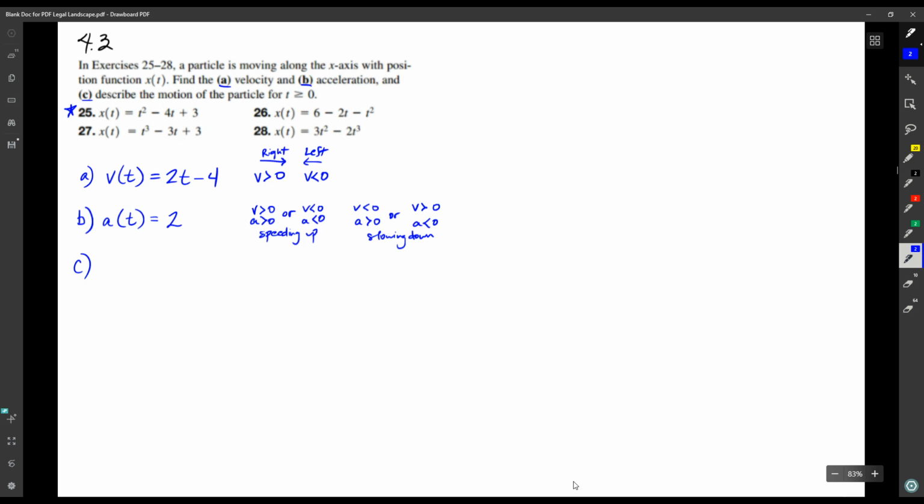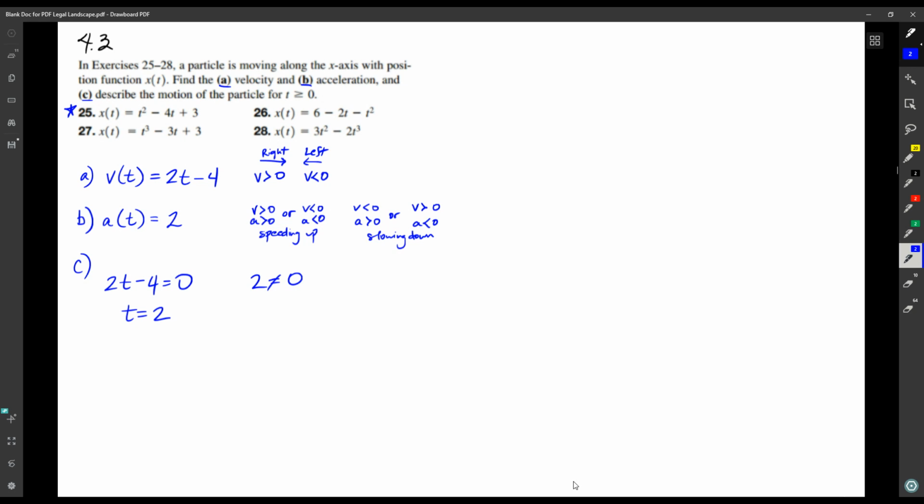So keeping this in mind, we probably want to create a sign chart for velocity and acceleration. So let's take a look first at the velocity function, see if there's any critical numbers there where the sign might change. We're going to let 2t minus 4 be equal to 0, and we can quickly see that we have a critical number at t equals 2. For the acceleration, that function is just a constant, and 2 is never equal to 0, so there are no second derivative criticals there.